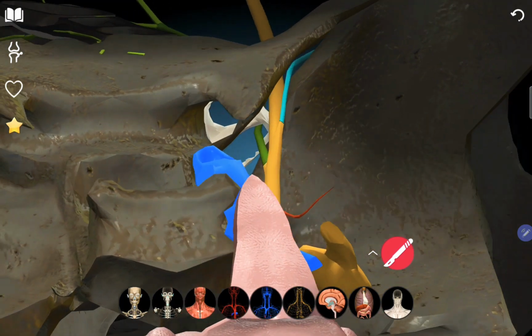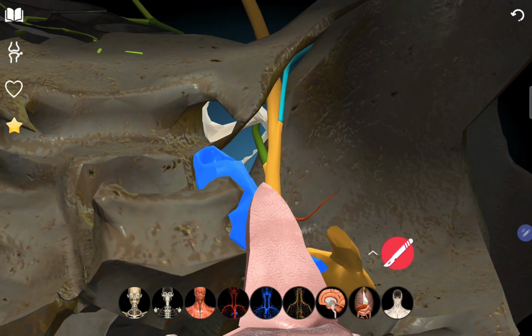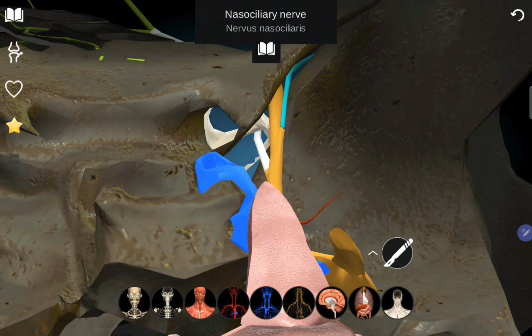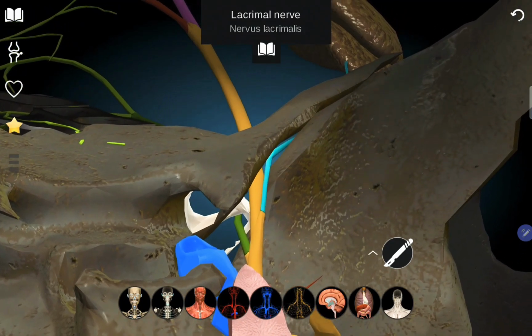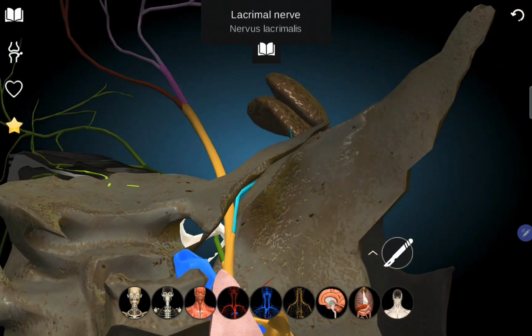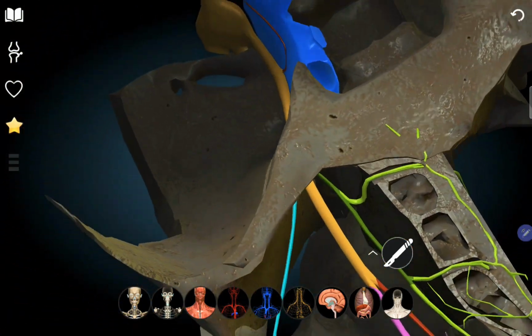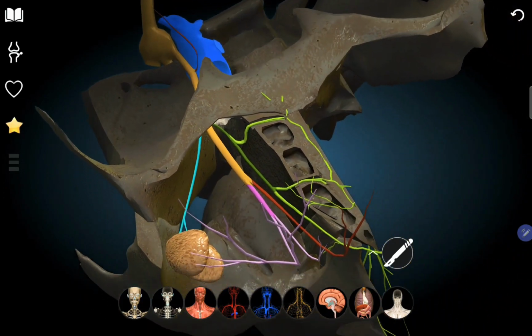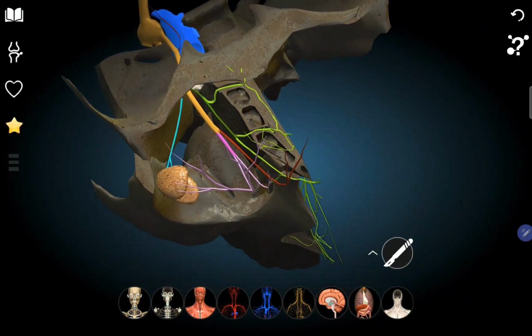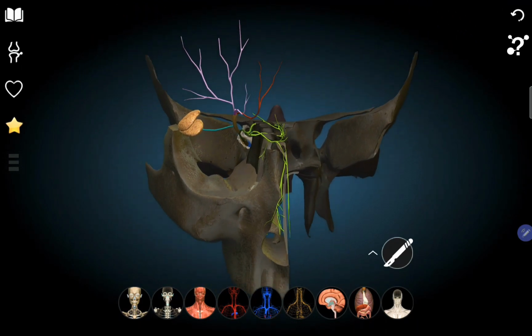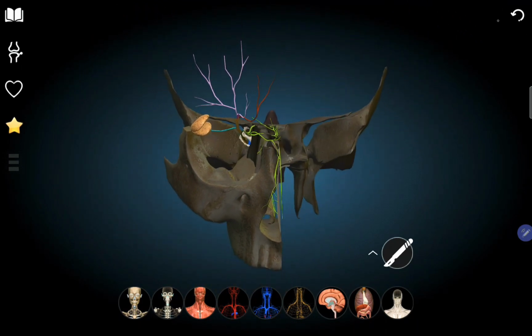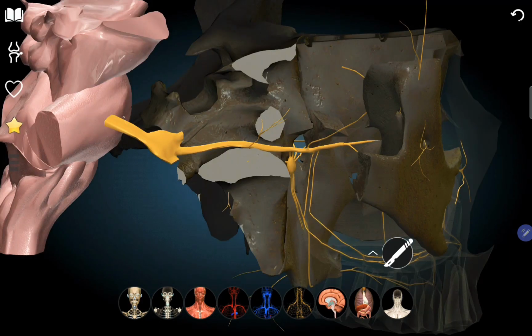You can appreciate over here the common tendinous ring of Zinn, where there is attachment of the extraocular muscles. If you can see all three branches, the lateral most is the lacrimal nerve. The most medial is our nasociliary, in green color. Then you can see the frontal branch in yellow and lacrimal in the other color.